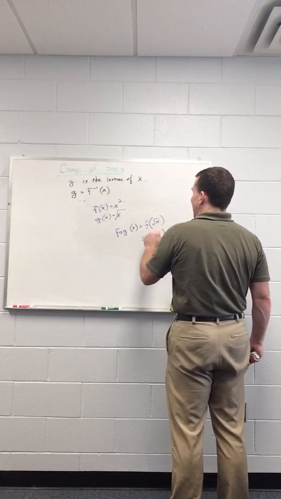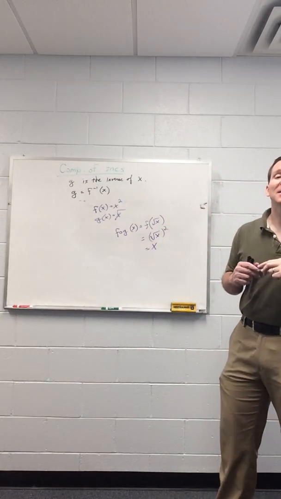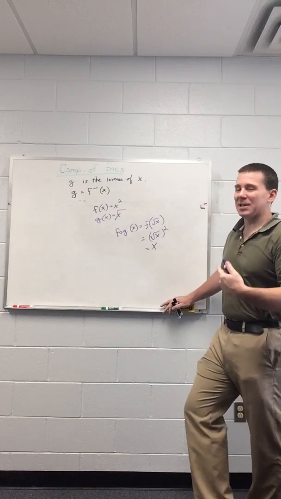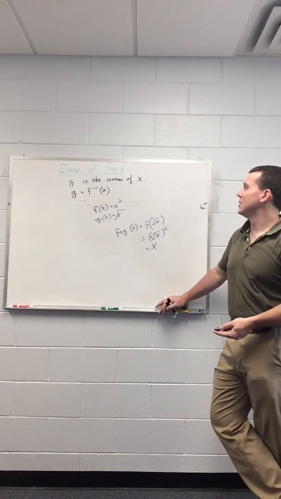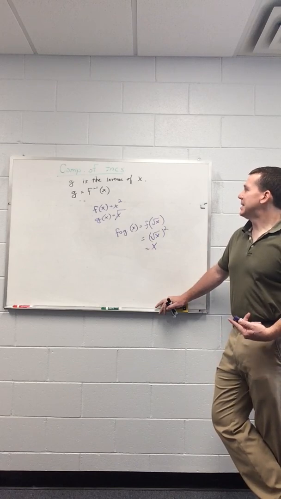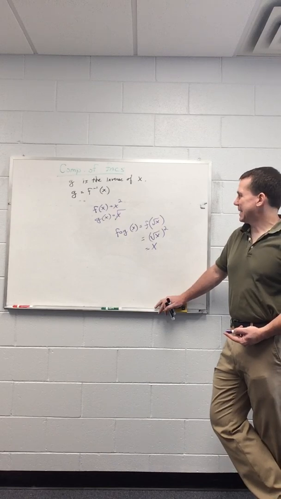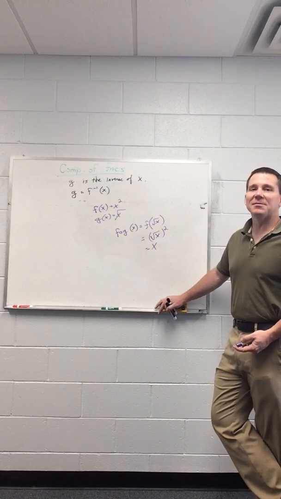That's the square root of x squared. The square root and square cancel, and I'm left with x. I could obviously also do the same with the cube and the cube root and things like that. But the idea is we have a lot of functions, and some of them will have these inverses.